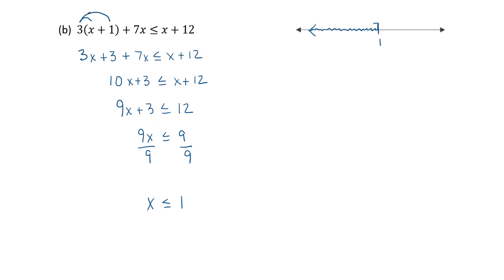So I'll shade to the left and put a square bracket on 1. Putting this into interval notation, I read from the left. We're coming from -infinity, and we go until 1 and include the value of 1.